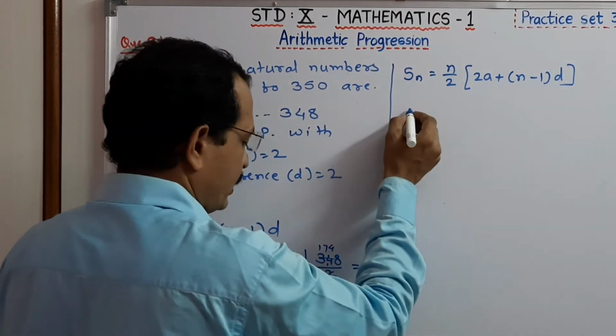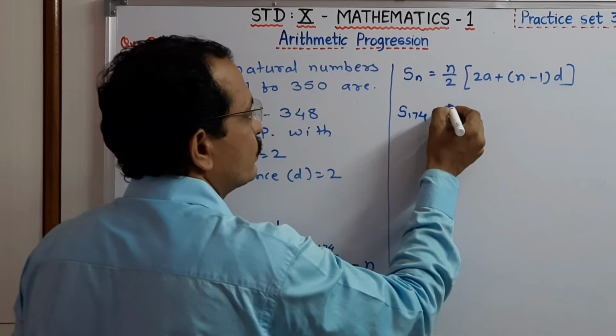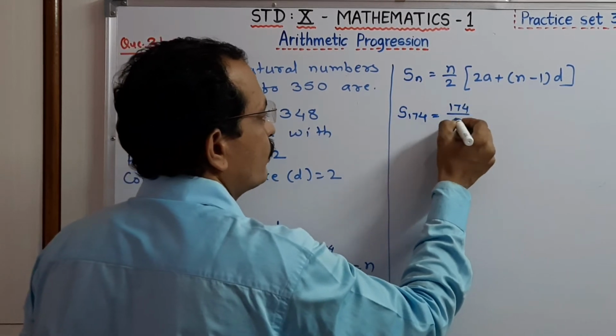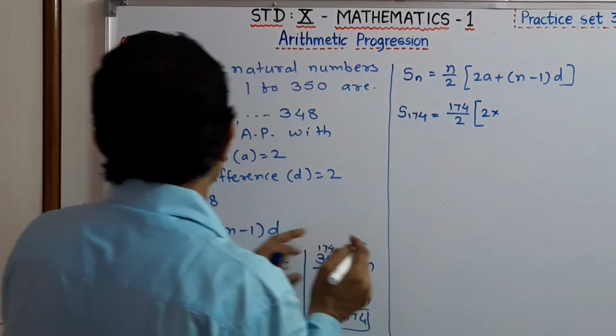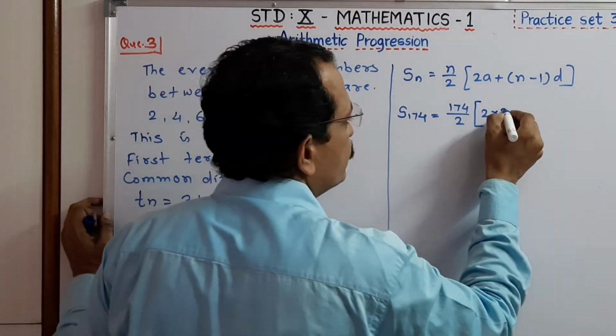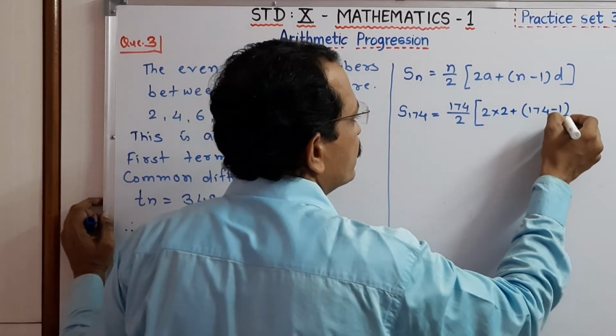Now use the formula Sn. We have to find S174, which is equal to 174 upon 2 into 2 into A, where A means first term 2, plus 174 minus 1 into 2.